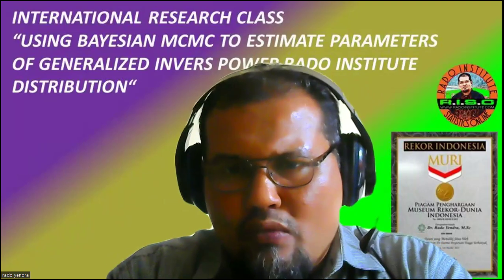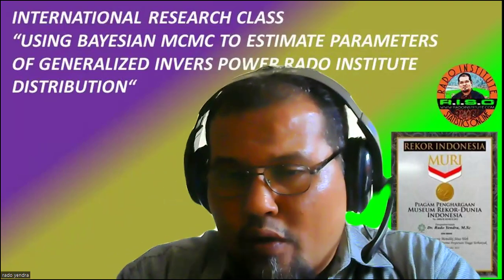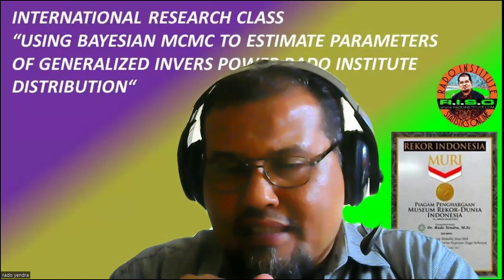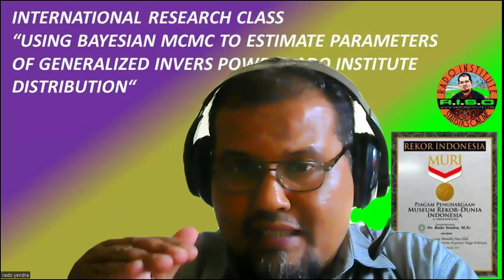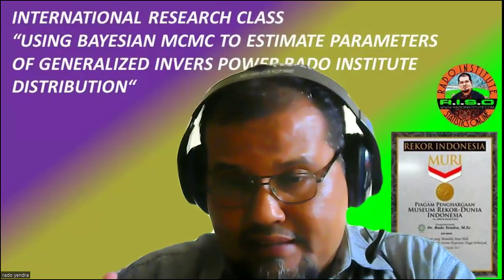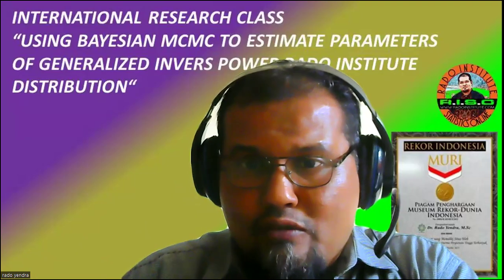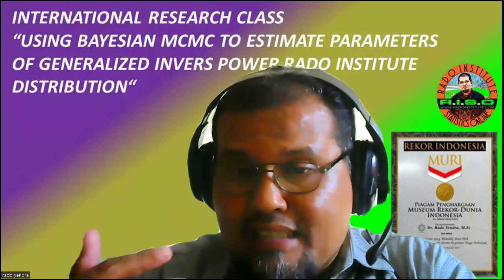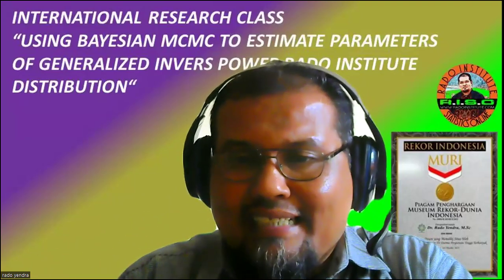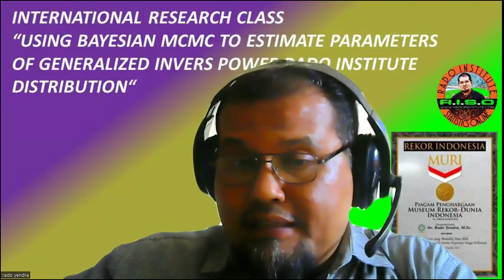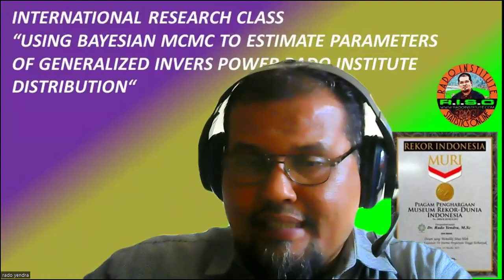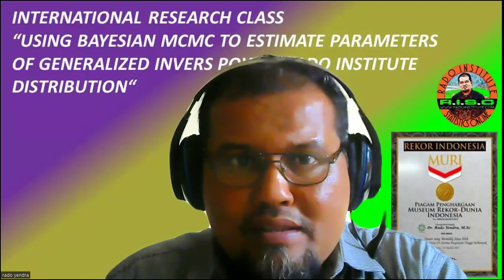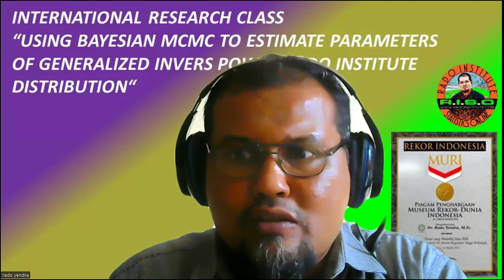Fixed parameter means we will try to find the convergence of the series of 10,000 parameters. We will check the convergence of this parameter, and then take one value to represent the parameter by taking the median of the 10,000 burn-in draws. Okay, we will use R programming to discuss the Bayesian MCMC concept.